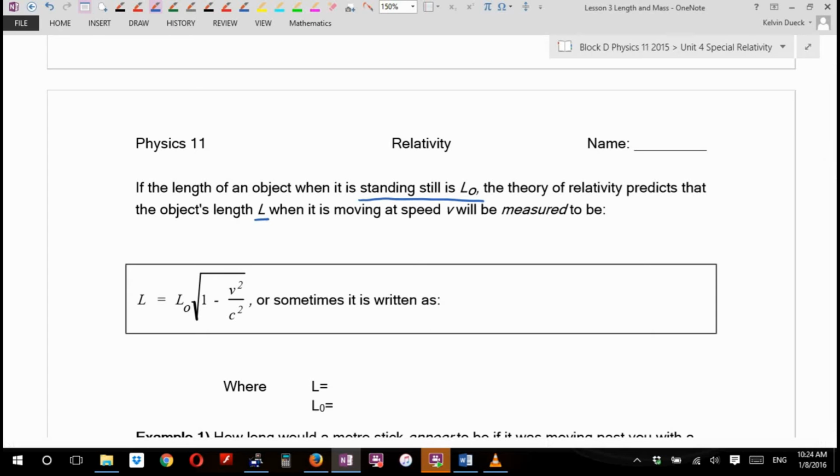Turns out the length of a moving object is equal to L0 times the square root of 1 minus v squared over c squared, or as it's sometimes written, L equals L0 over gamma. That's why I snuck that in earlier.